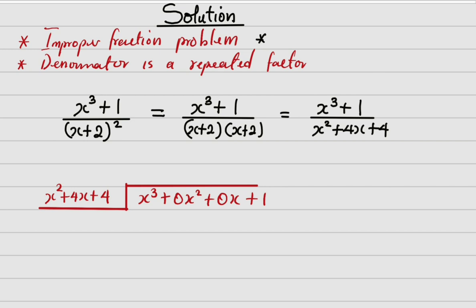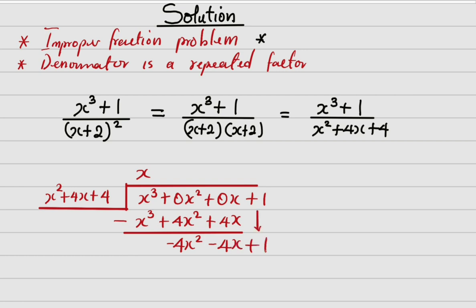So therefore, what is the factor that I will multiply by x squared to give me x cubed? It is x. So multiplying everything, I'm going to have x cubed plus 4x squared, then plus 4x. Of course, we subtract, so this is going to be minus 4x squared. Then I have minus 4x. Then I'll bring down my plus 1.